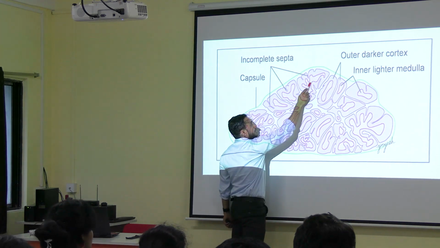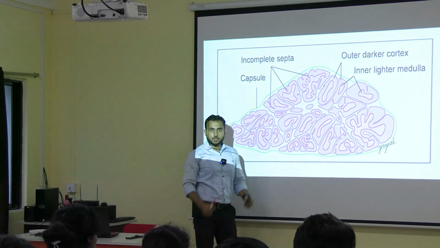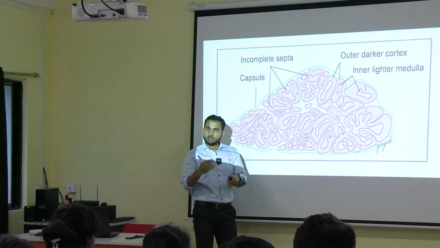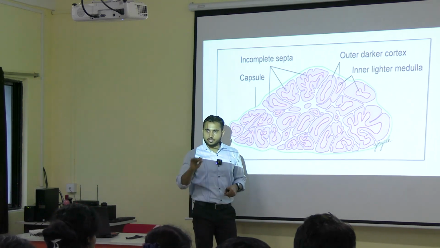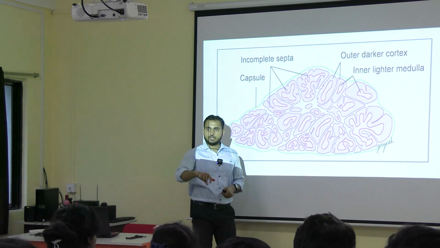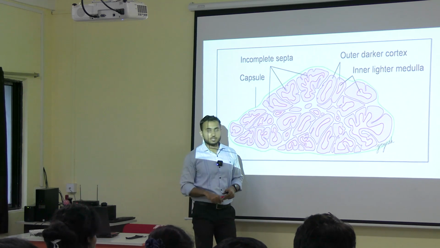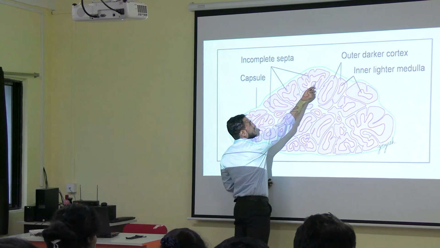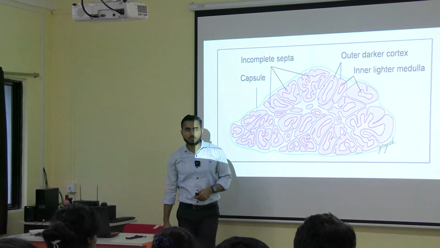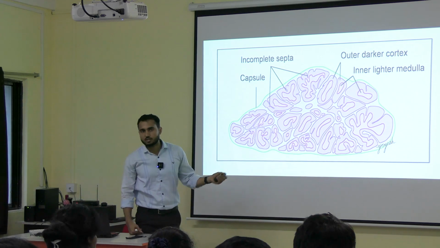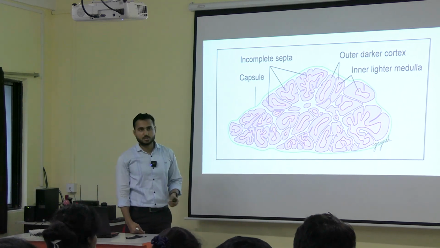Though the septa are incomplete, the lobules are also incomplete. Because of that, the medulla of one lobule and the medulla of another lobule are continuous with each other. Can you see, the medullae are continuous with each other. That is also a unique feature of the thymus.